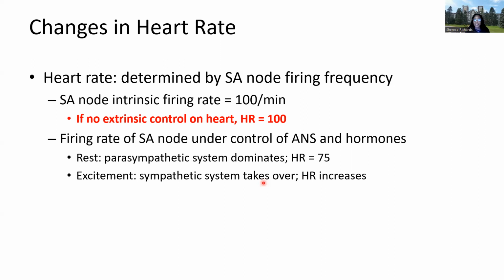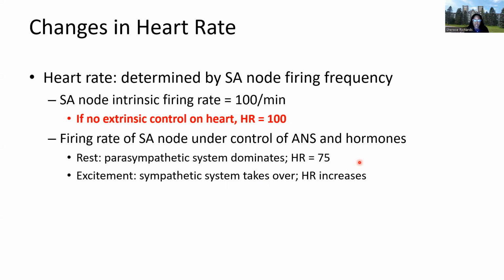Now, because the SA nodal cells in our body are under the influence of sympathetic and parasympathetic, and because at rest there's slightly more of a predominance of the parasympathetic, our heart rate is not going to be as fast as 100 beats per minute at rest. At rest, our heart rate is going to be closer to about 75 beats per minute because the parasympathetic system slightly slows down or dampens the excitability of the pacemaker cells and brings that from 100 to about 75 in our body at rest.